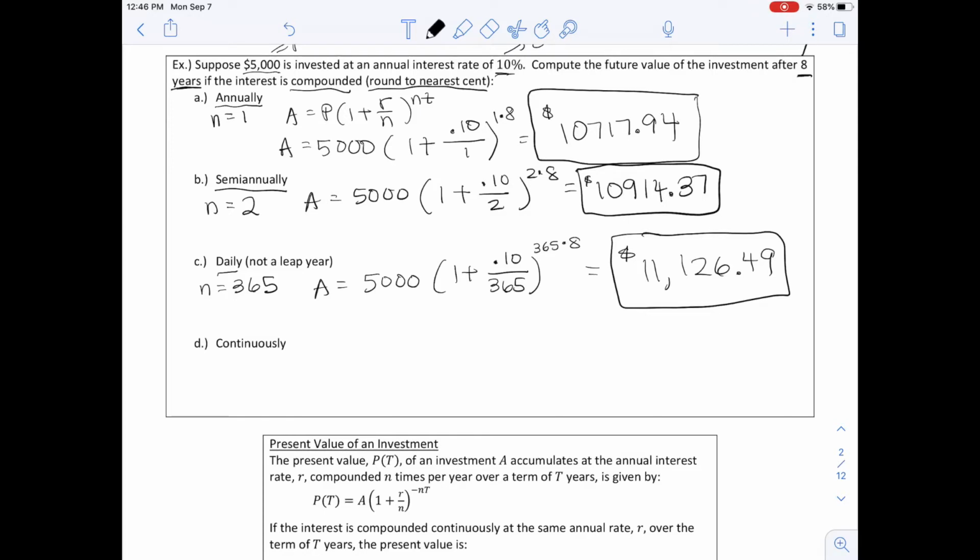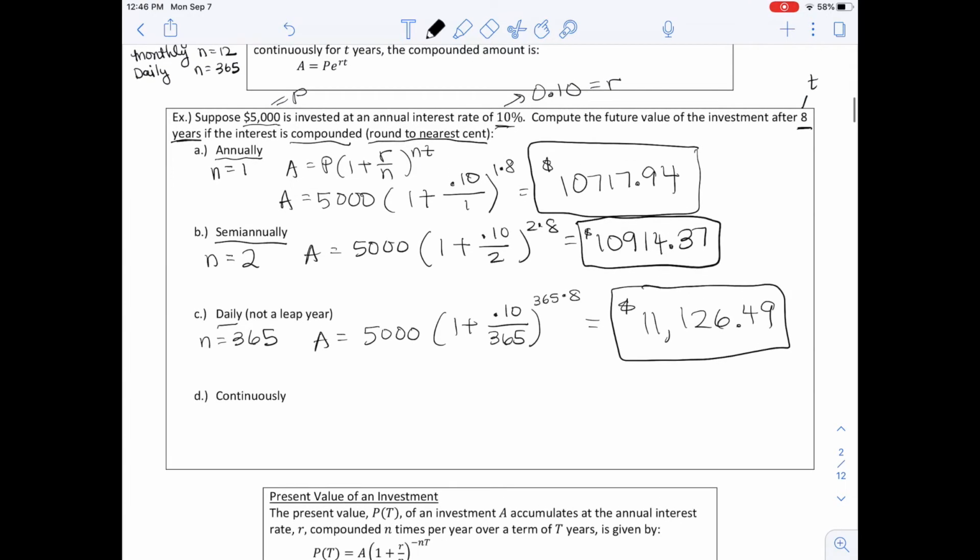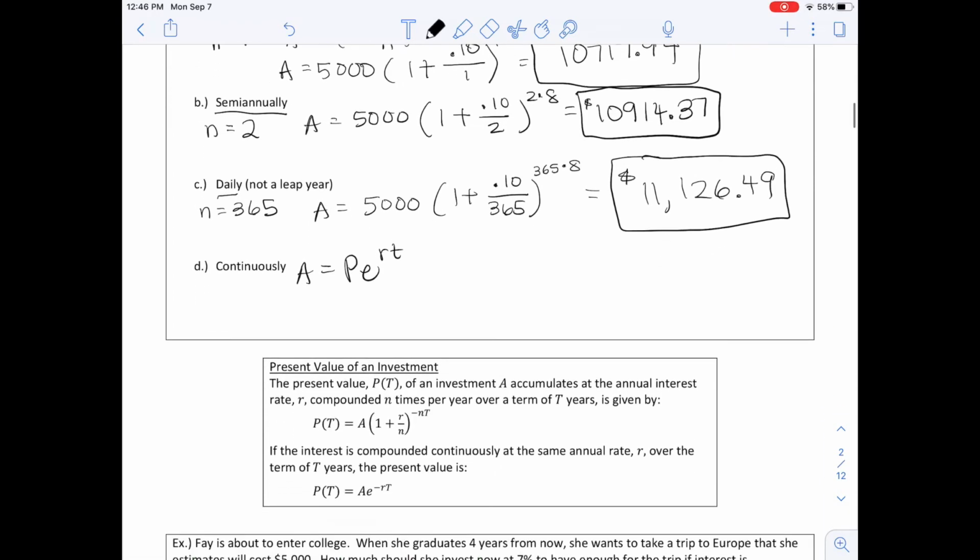And then continuous compounding is a different formula that we have up above: A equals P E to the RT. On this, we still have P is 5,000, our rate is still 0.10, and T is still 8. E is going to be a button on your calculator. Depending on the calculator that you're using, you need to look for that.